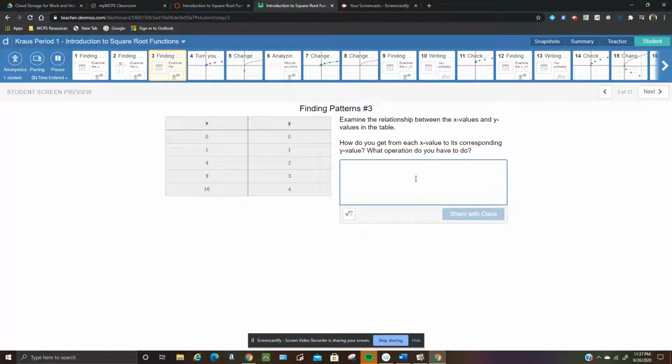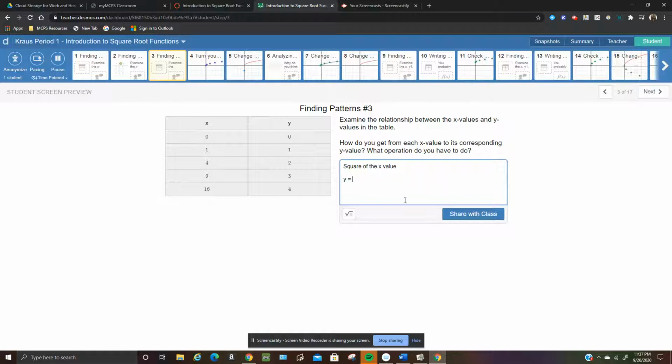So the square root of the x value. And if I type that in the word as y equals the square root of x. We can do the math type here.